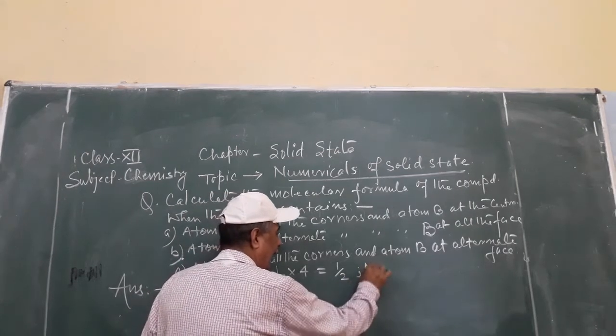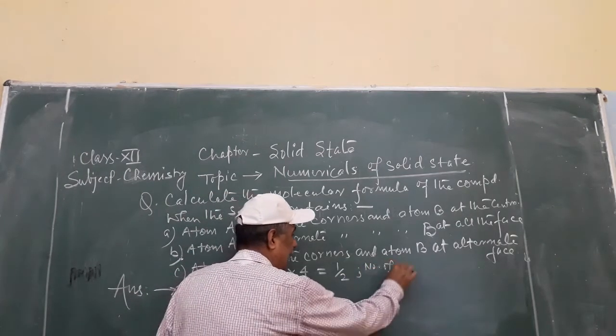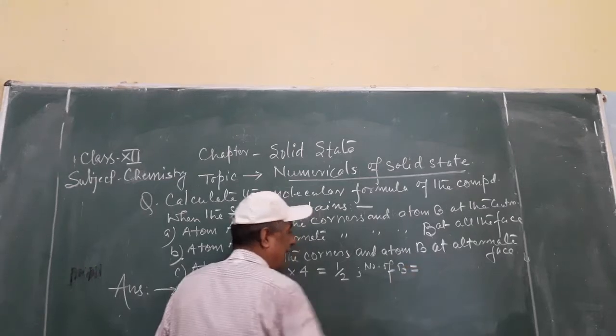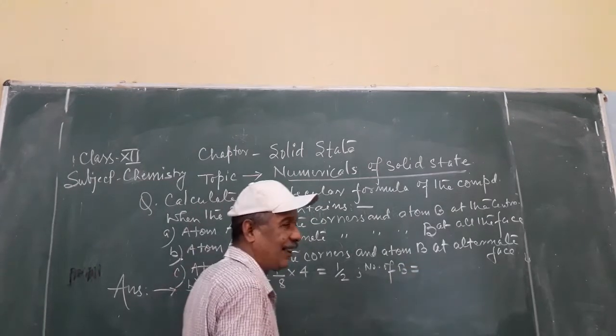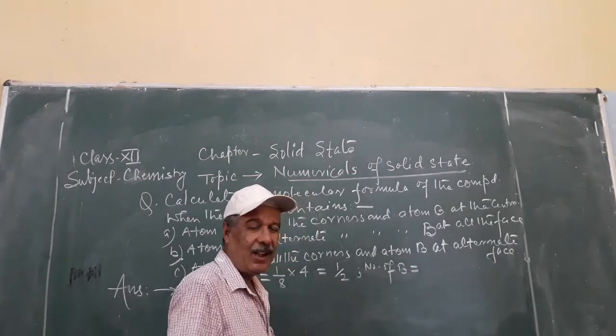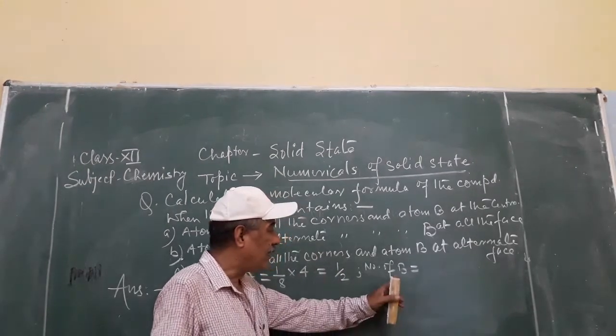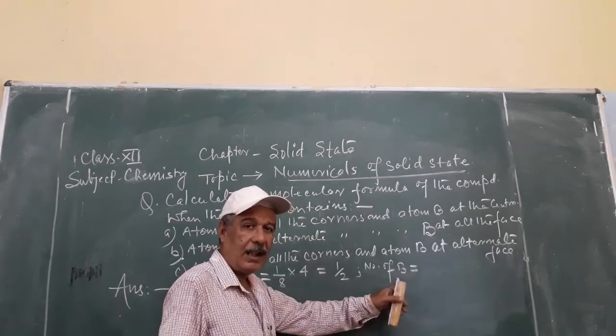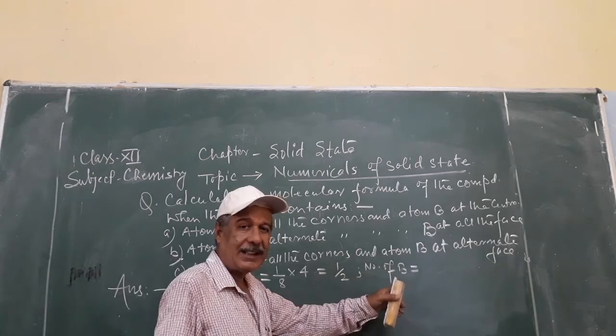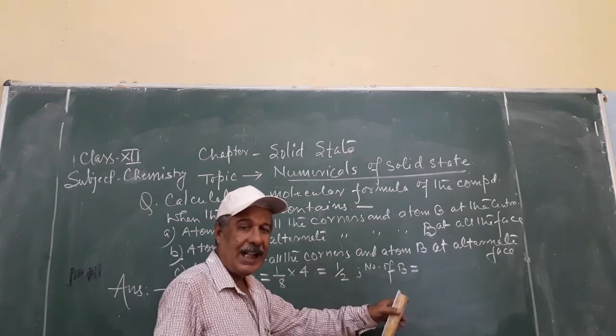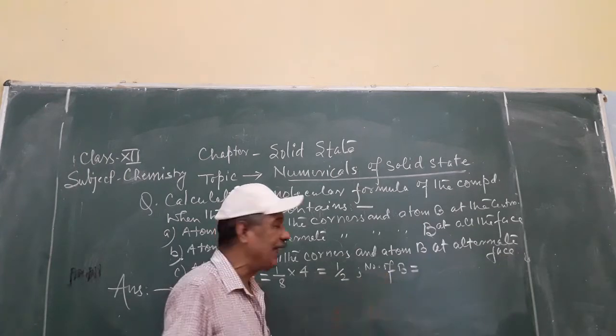And the number of B: it is at all the faces. Dear students, on that day we had learned that an atom located at the center of a face has half portion inside the unit cell.